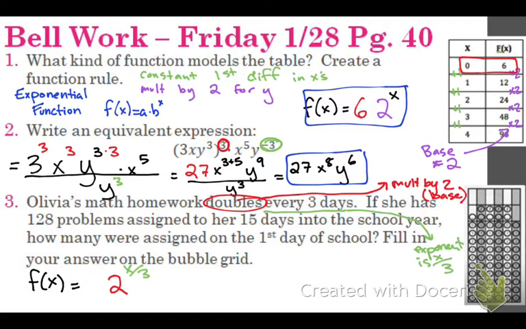What else do we know? She has 128 problems assigned to her 15 days into the school year. We have 128 problems after 15 days. What do those mean?